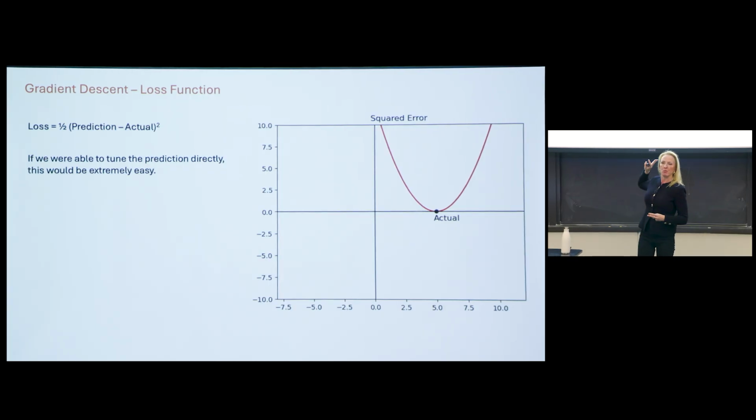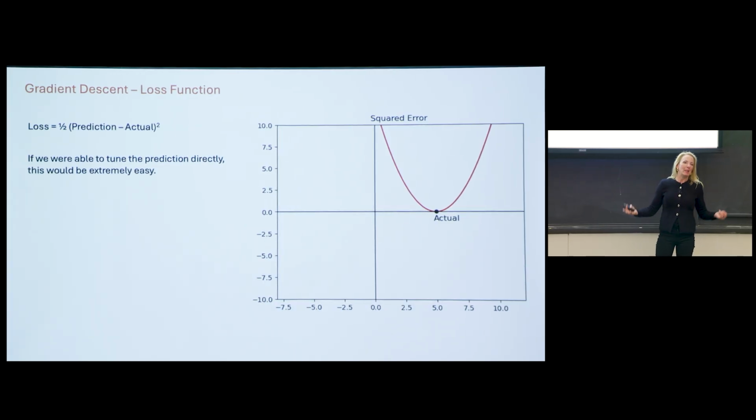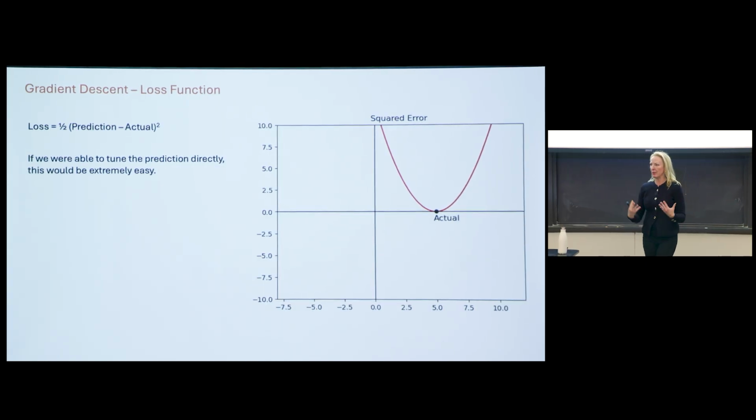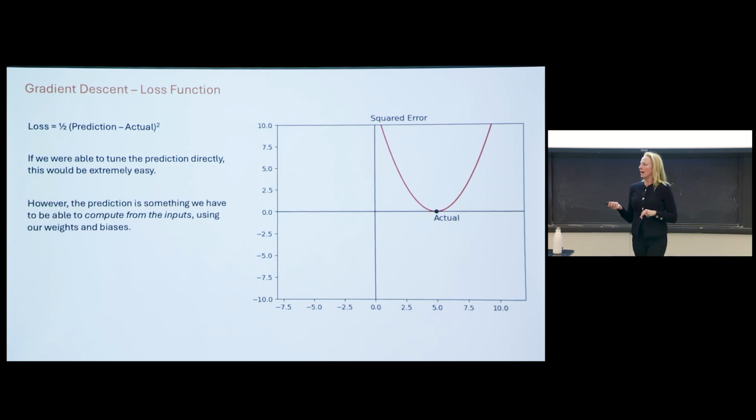Just tuning the prediction directly is almost like memorizing the answers to a true or false test, like true, false, false, true, false, right? That might work for that test, but it works very badly for other tests, right? You need to have something more robust that is input dependent. We need to be able to compute our predictions from the weights and biases. They're the things we need to tune, okay?